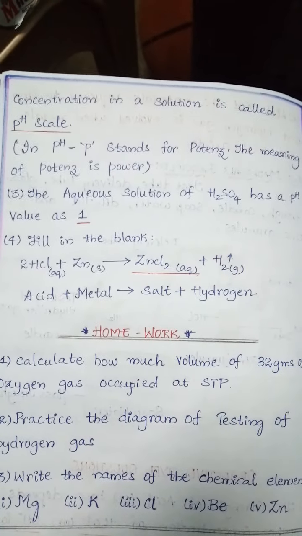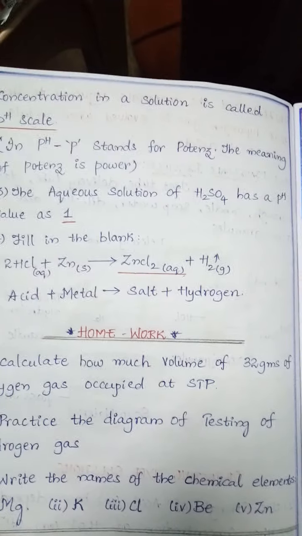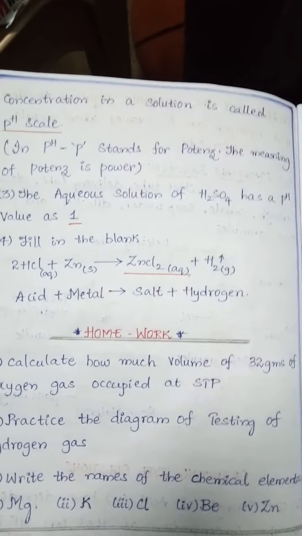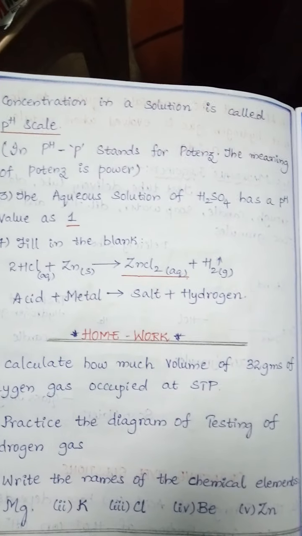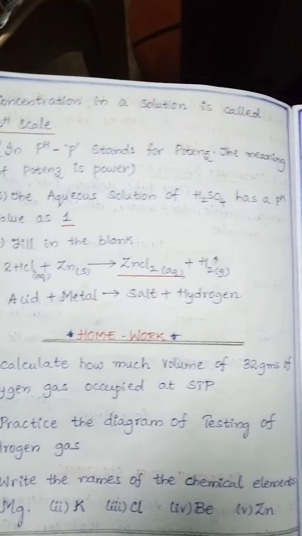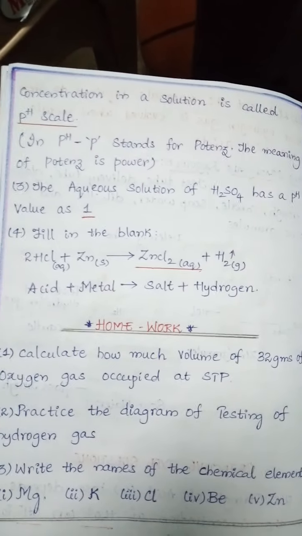Students, already we have learnt in the class many times what the meaning of pH is. In pH, P stands for potence. That is a German word. The meaning of potence is power. Power of what, students?